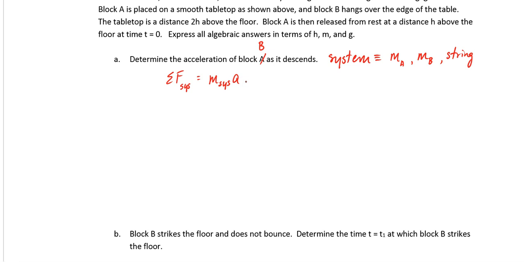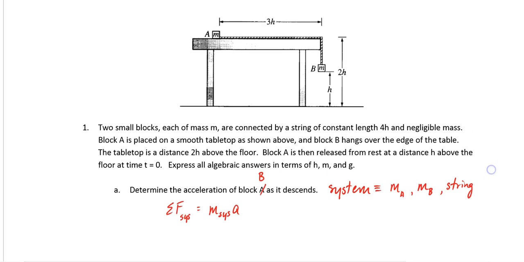There's really only one external force acting on the system. If you draw your diagram here, we've got mg, normal force, the tension to the right we get to ignore. We've got mg down here. That's the only force that is outside the system that's going to be causing the acceleration.